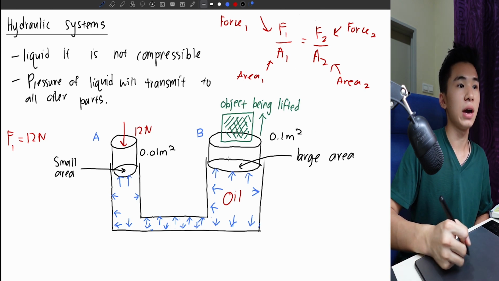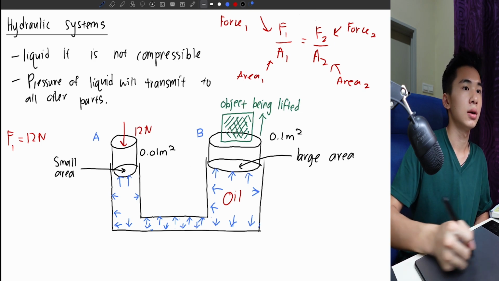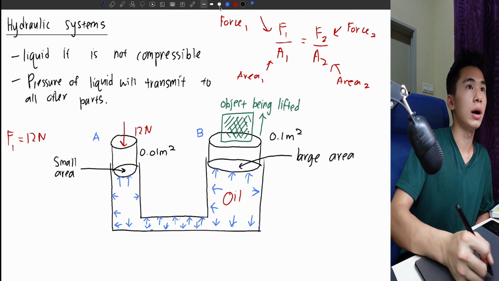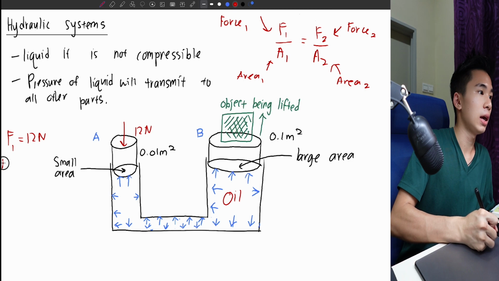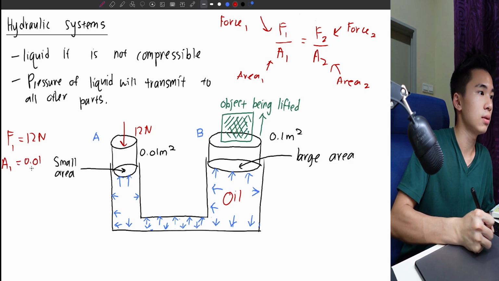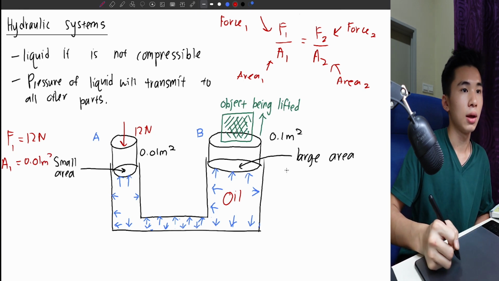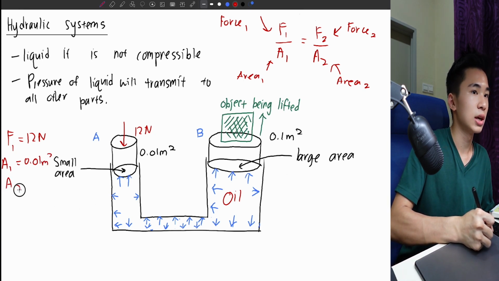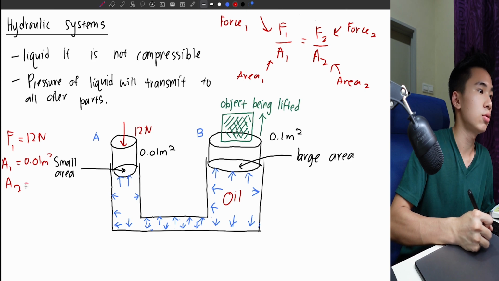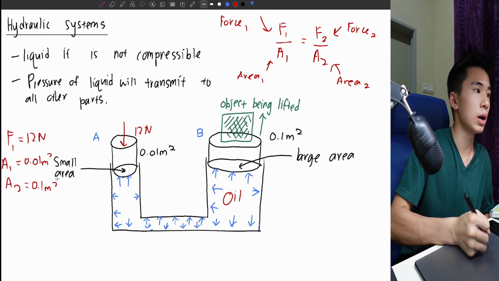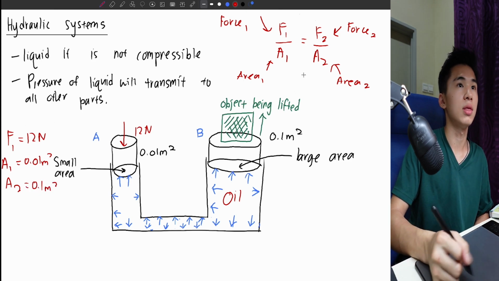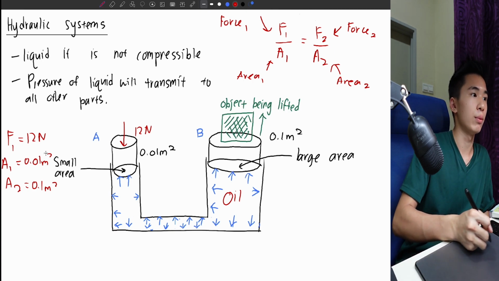So right now, let's find the force exerting on this cylinder B. A1 is going to be 0.01 meter square, and our A2 is going to be 0.1 meter square.